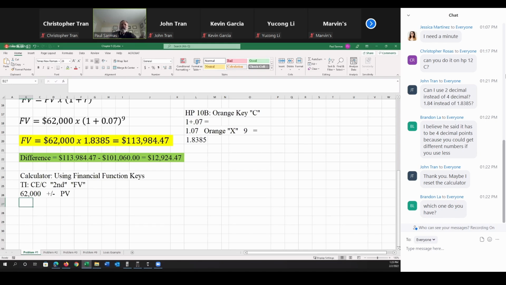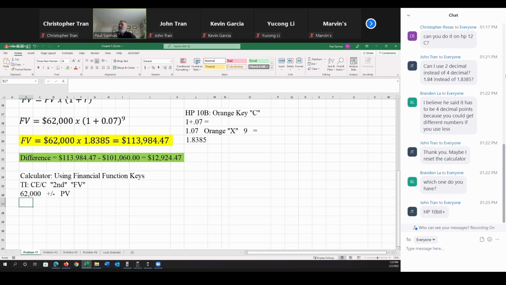62,000 is present value. How do I know that? Because I said you deposit 62,000 today. When I say 62,000 today, that 62,000 becomes present value. Then the interest is 7%.